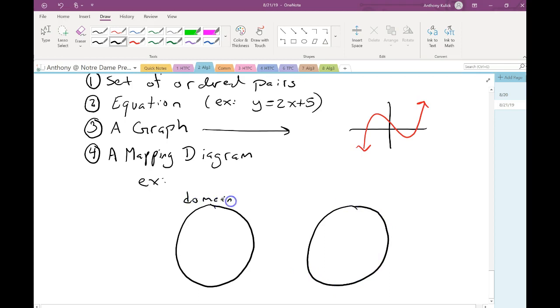We usually write the circle on the left, we label that as the domain. And the circle on the right we label as the range. Actually, put those on this side.